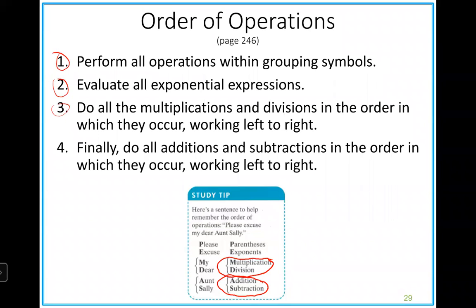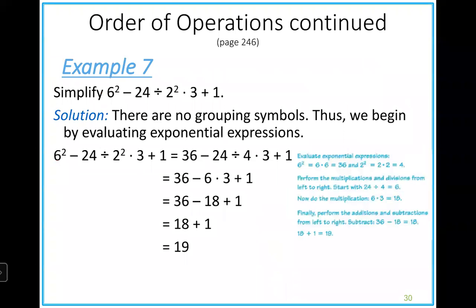So if the division comes before the multiplication, you do the division first. But if the multiplication comes first, you do it first. So once you finish your brackets, your exponents, your multiplication and division, then the last thing you do is your addition and subtraction, again, from left to right in the order that they occur. So it makes more sense when we try an example. So we have this example here, slide 30.